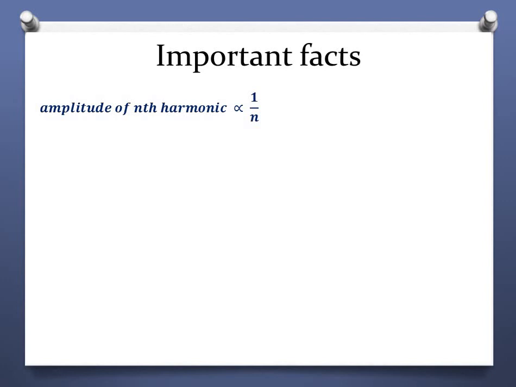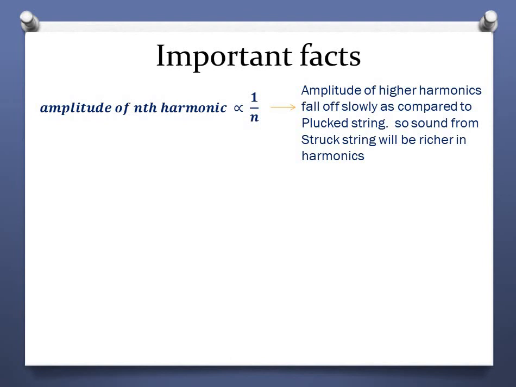So harmonics will fall off, but slowly compared to the plucked string. So the sound from the struck string will be richer in harmonics compared to the plucked string. So if you are playing a guitar and if you are playing a piano, then the piano will contain more harmonics compared to the plucked string.